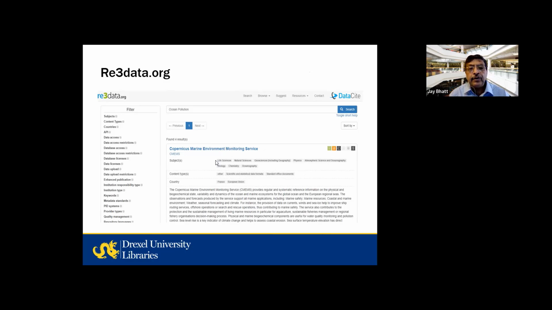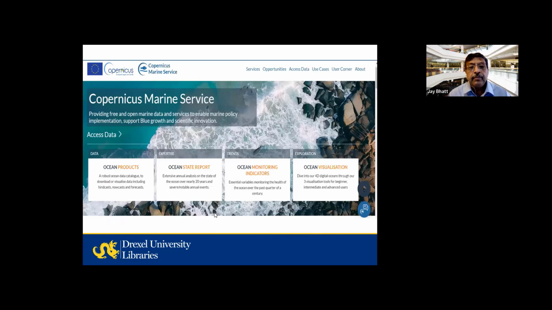You can see a lot of different subject areas covered: life sciences, geosciences, physics, chemistry, biology, oceanography, and some brief information about the data. I strongly encourage you to learn about this filtering option here, so you can see what kind of database licenses are available.